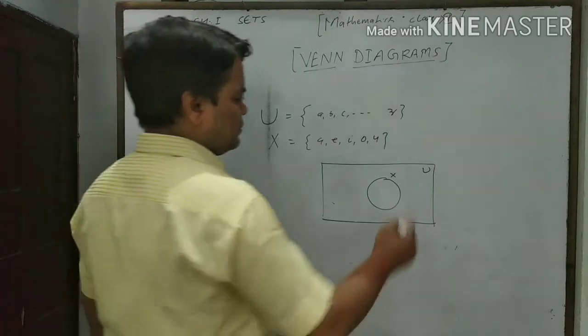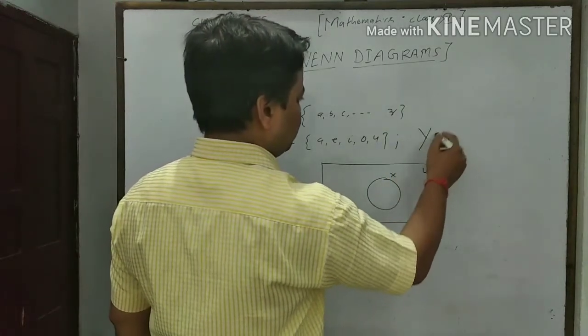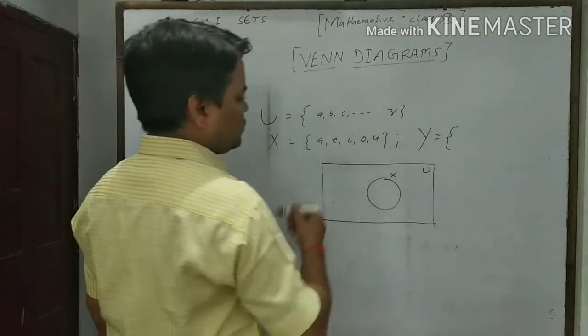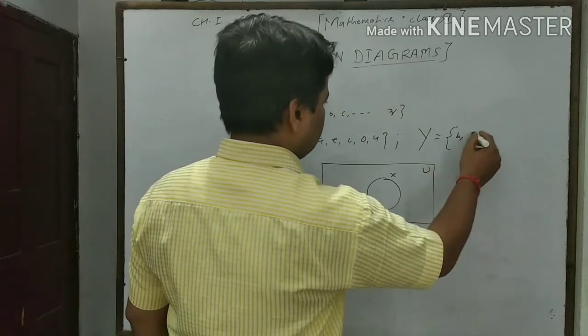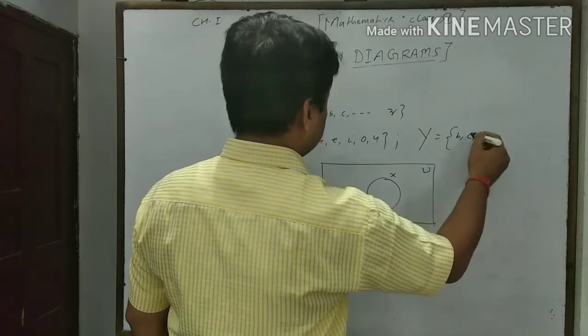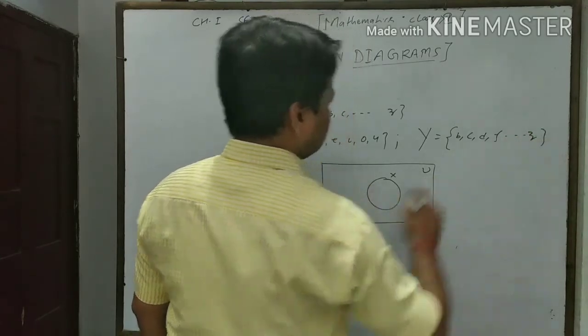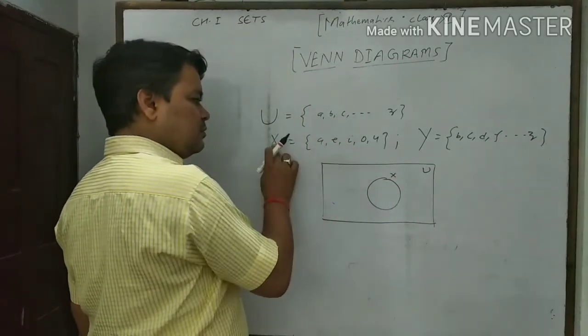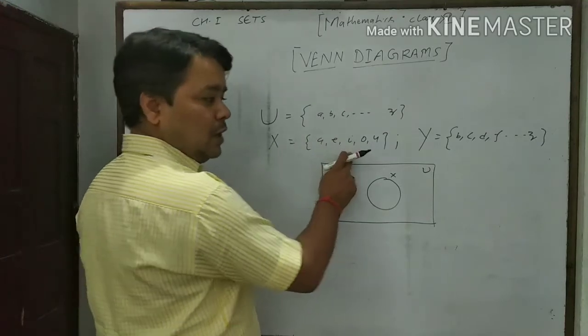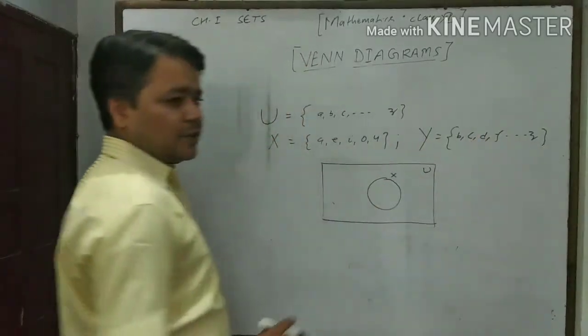Let us make one more set, Y, for consonants: B, C, D, F, like that. This one is only vowels, and this is only consonants.